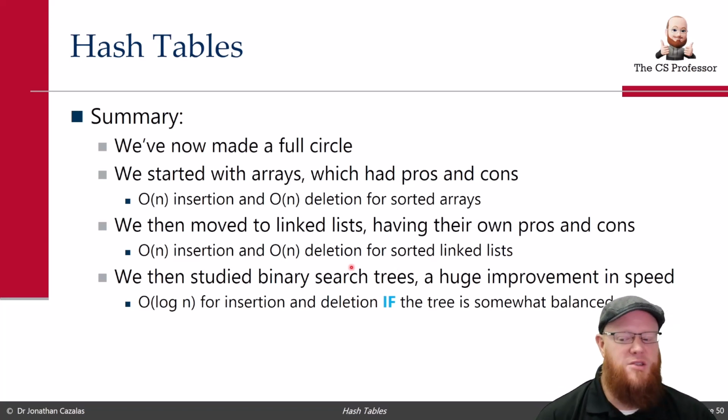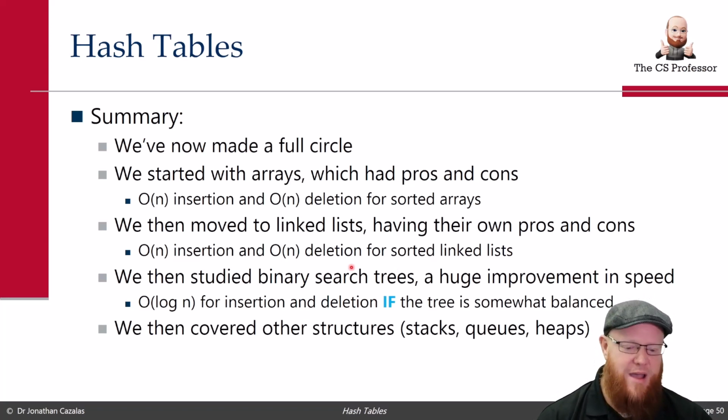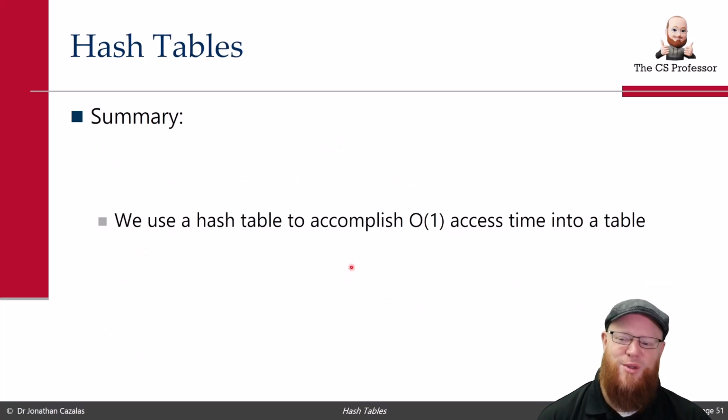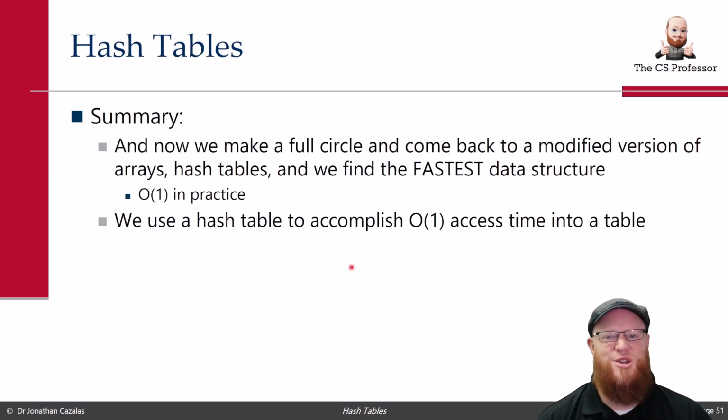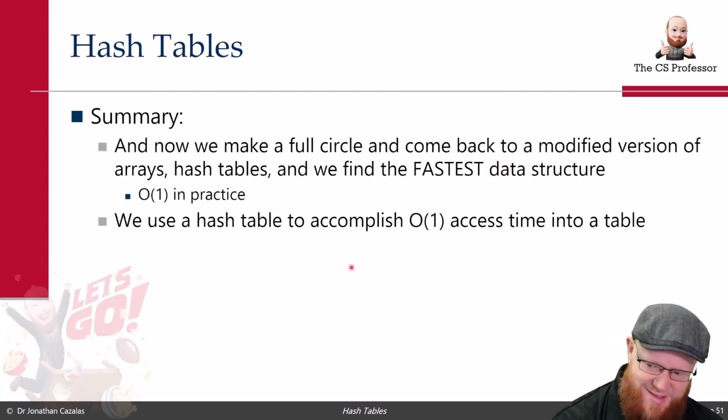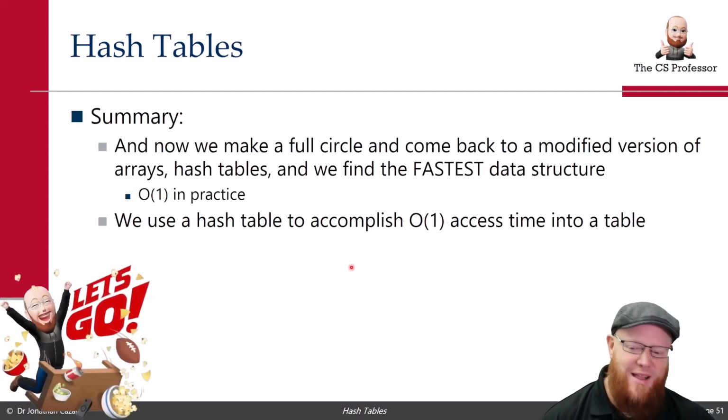But if it were balanced, O of log n. We then covered stacks, queues, heaps, but here we are now making full circle. It turns out that the fastest data structure that we're going to be using is an array, our baby. Let's go.